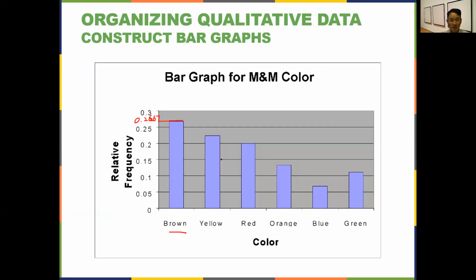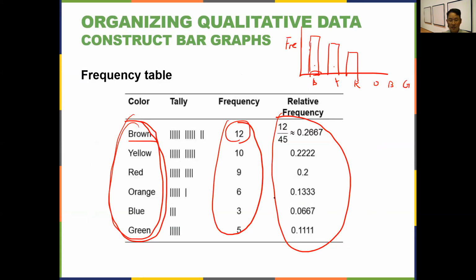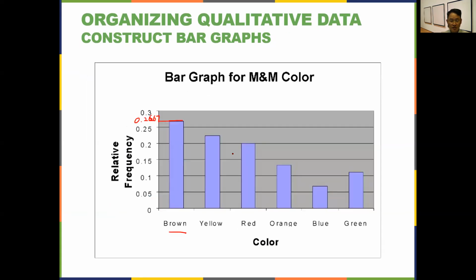The yellow was 0.2222, so yellow goes up to this line right here. The next one was red, exactly 20%, 0.20, right there. And the orange, the blue, and the green, just like that. All right.